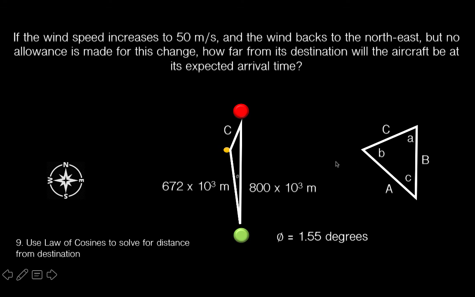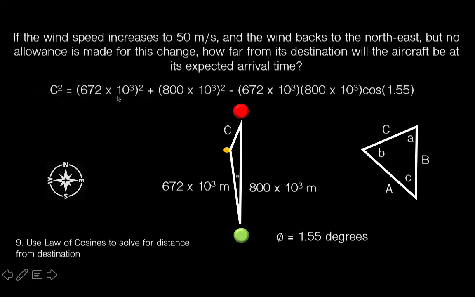Applying the same formula, we end up getting c squared, which is what we're trying to figure out, equals 672 times 10 to the third squared, plus 800 times 10 to the third squared, minus 2 times 672 times 10 to the third, times 800 times 10 to the third, times the cosine of this angle, which is 1.55.